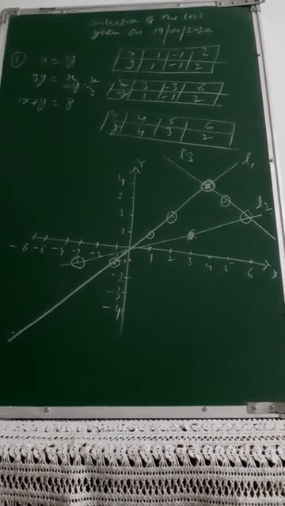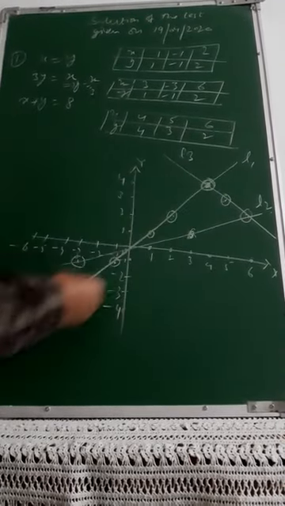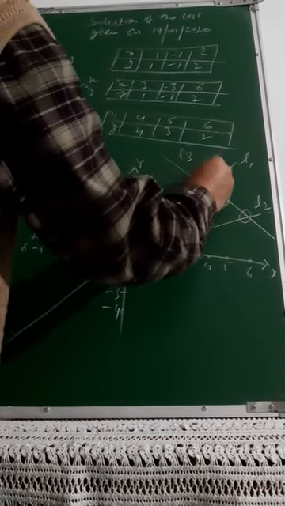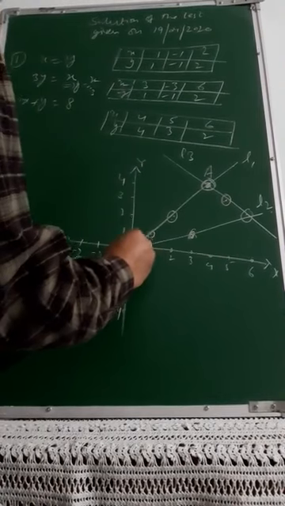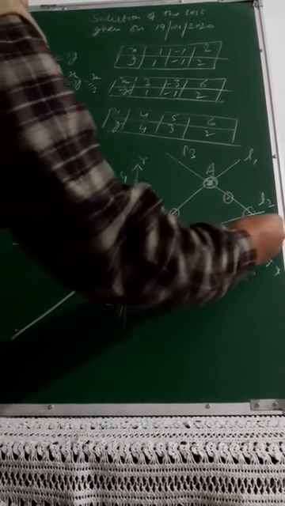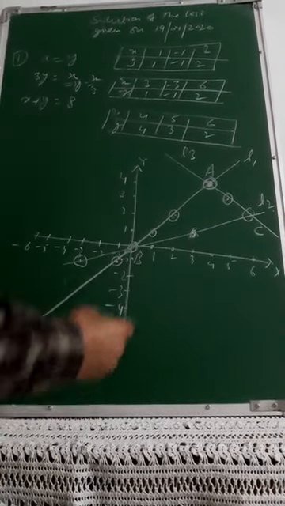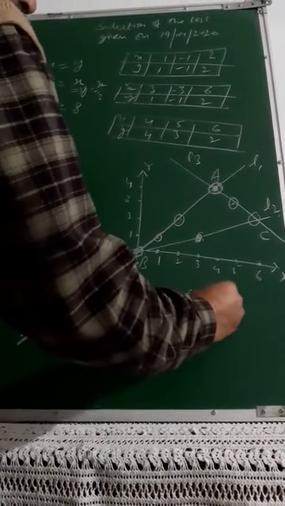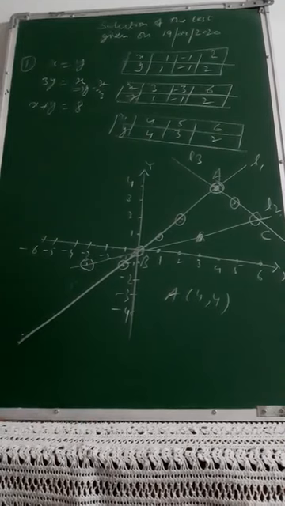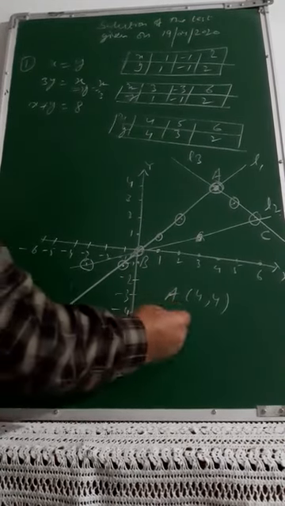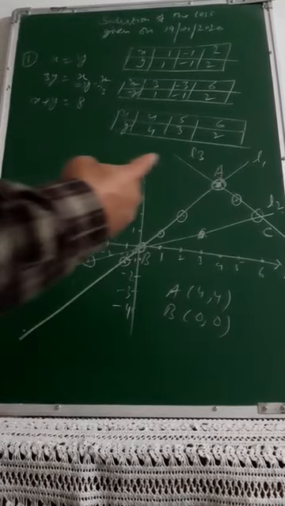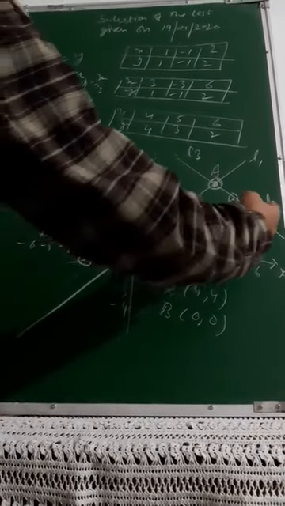So now you can write the answer for these vertices of the triangle. You can see formed by these lines. That is your L1, L2 and L3. So one vertex I am getting here, one vertex I am getting here, that is P, and one vertex I am getting here. For A, if you read the chord, will be 4 and 4. So for A you are getting 4 and 4. B, at the origin you are getting 0 and 0, and C you are getting here 6 and 2.